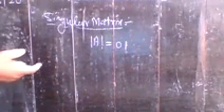Any square matrix A is said to be a singular matrix if determinant of A is equal to 0. If determinant of A is equal to 0, then A is said to be a singular matrix.